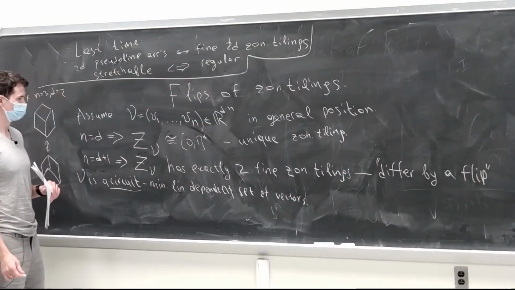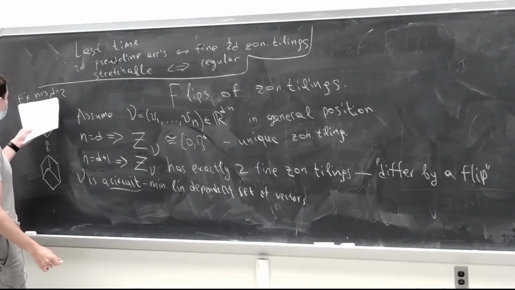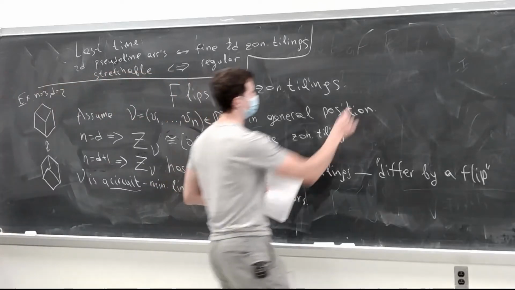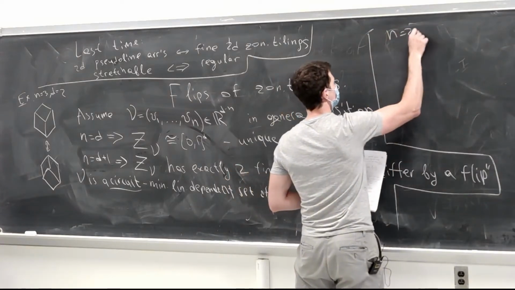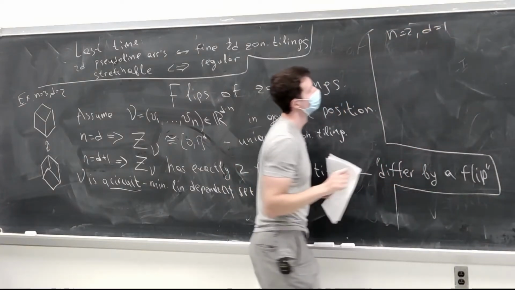So this is n equals 3, d equals 2. Maybe another example would be n equals 2, d equals 1.